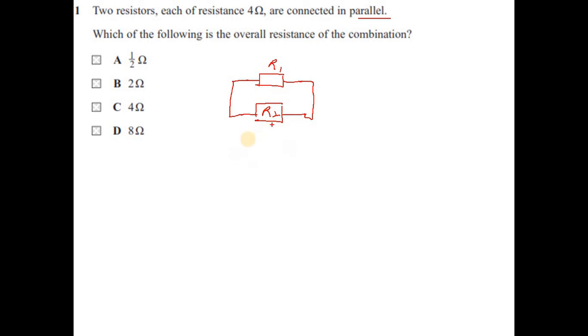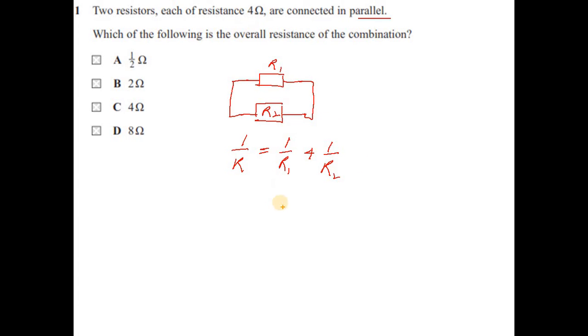So the total resistance will be 1 upon R is equal to 1 upon R1 plus 1 upon R2. You add the reciprocals to find the total resistance, and clearly you can see that both have the same resistance.